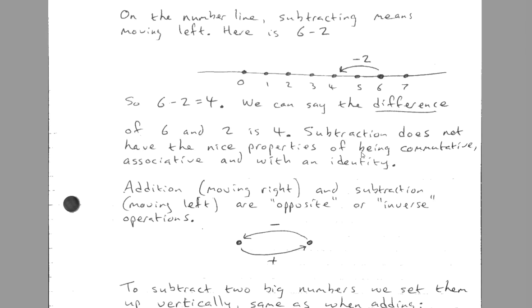How is subtraction related to addition? Well, as we saw on the number line, with addition you're moving right, and with subtraction you're moving left. So those are opposite directions. So addition and subtraction are called opposite or inverse operations.